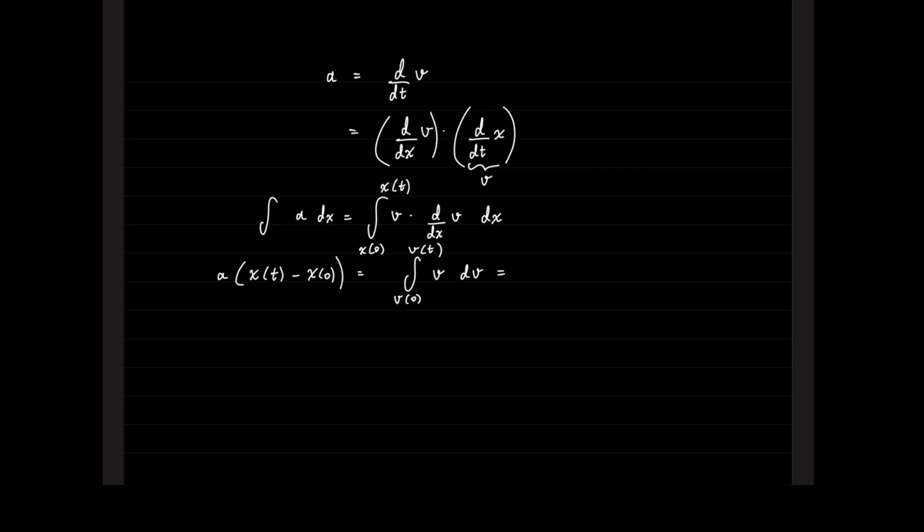And in this function we'll get v squared over 2, evaluated from v of t, subtracting v of 0. So this right here is delta x, and here we get v squared over 2 subtracted by v0 squared over 2. And now we'll finally have the fourth equation.